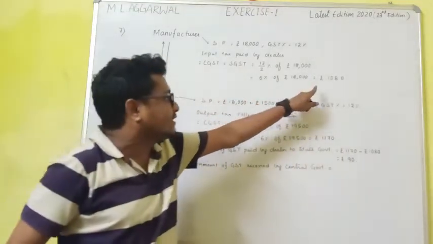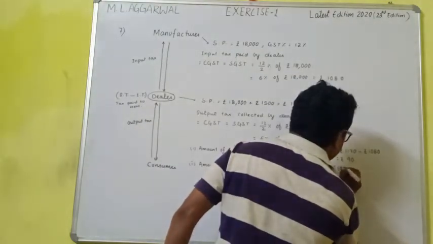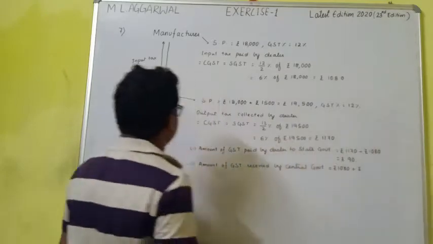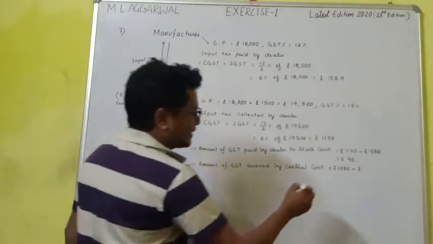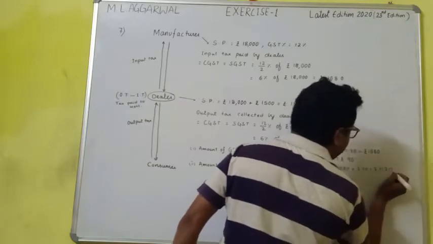GST paid by the manufacturer is how much? 1080, plus the GST paid by the dealer, that is 90. So it will be equal to once again 1170.